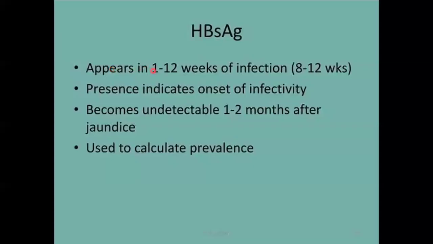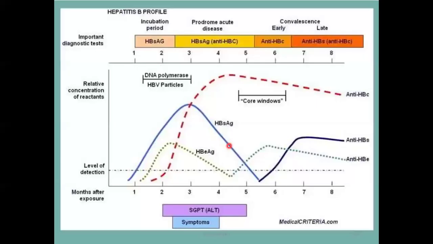So it appears in 1 to 12 weeks of infection, or 8 to 12 weeks. It indicates onset of infectivity. Becomes undetectable 1 to 2 months after jaundice, used to calculate prevalence. So I'm going to explain that. From this picture, I want you to notice something. There is something written here, core window.